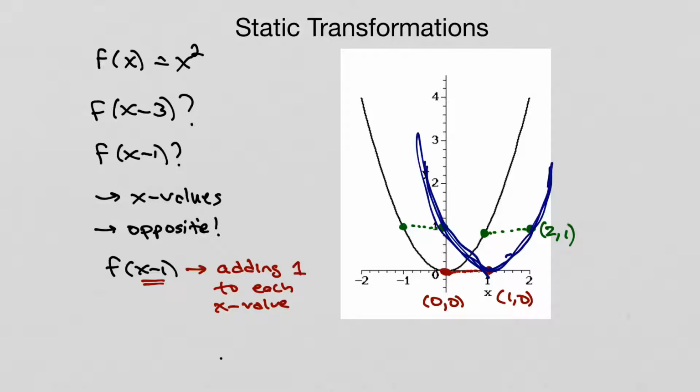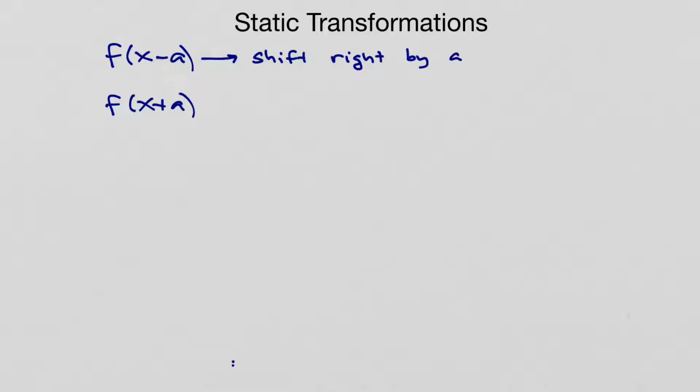Okay. All right, so in general, these types of transformations are going to take this form. F of x minus a or f of x plus a. Right? What will happen is that this particular transformation will shift my function to the right by a units. Right?